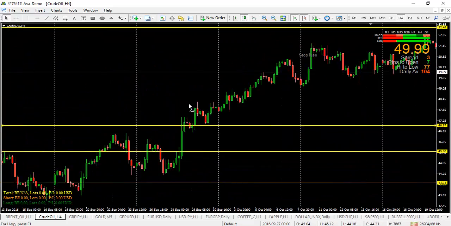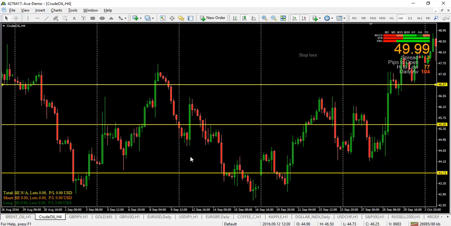Poor example. This one here: this is your support. Here is a breakout, this area. Now when the pullback happens and the candle touches this line, you can short sell again to continue towards the downside. Alright, so this is an example of short selling.